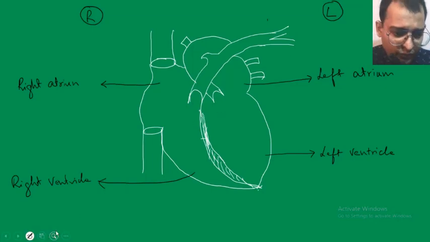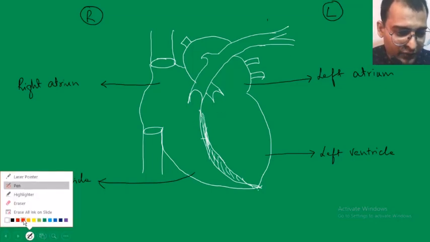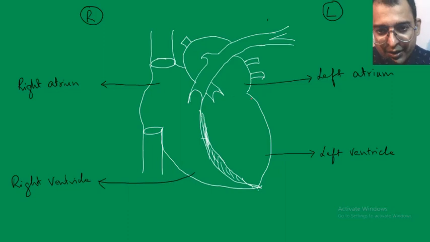Now let us see what are the different valves. Between the left atrium and left ventricle, which valve is there? This is the bicuspid or mitral valve. And here is the aortic vessel.